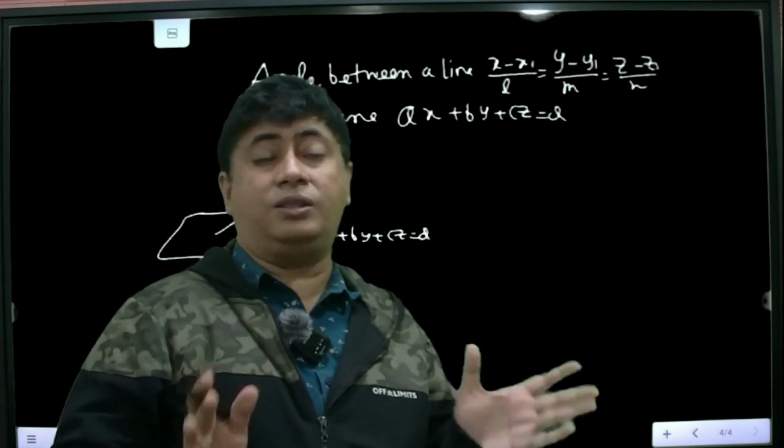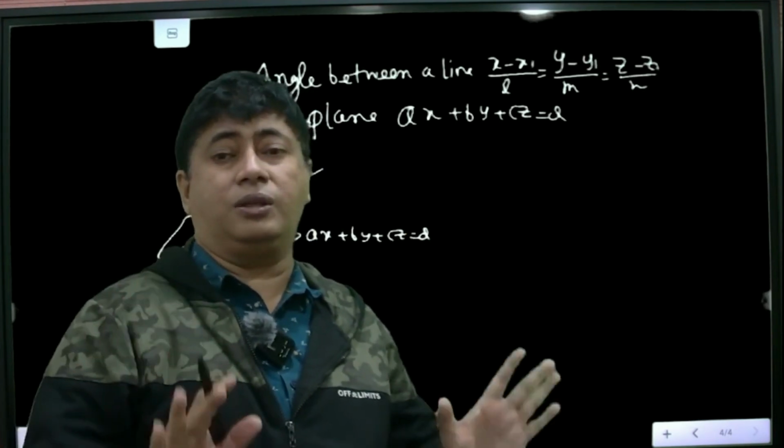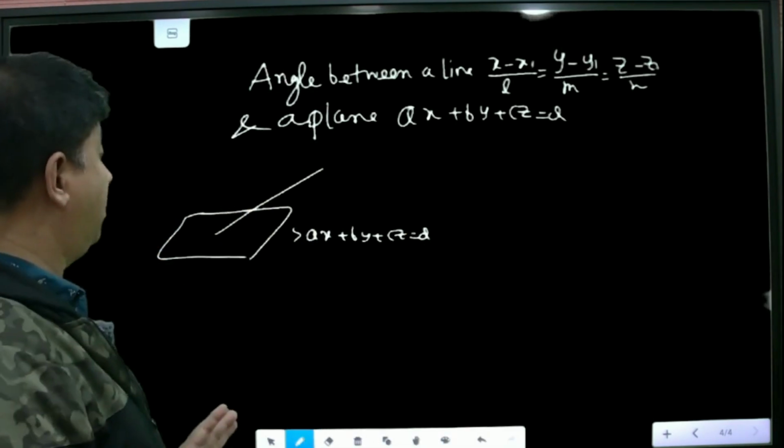Two different geometrical figures, and their dimensions are also different. Then how to find the angle?